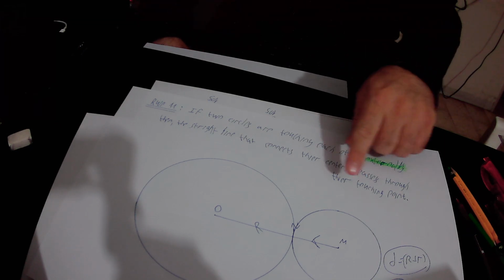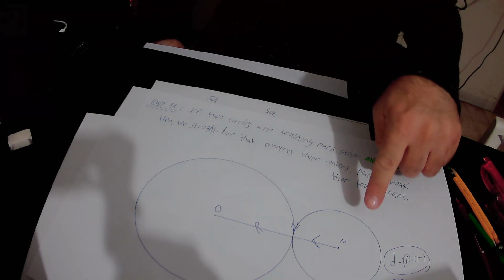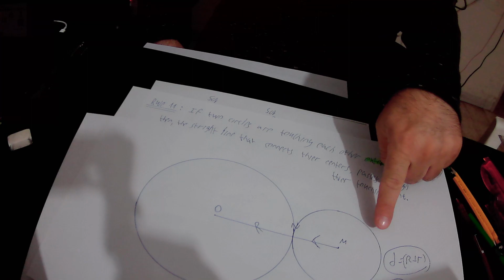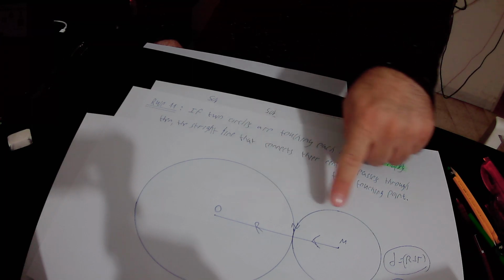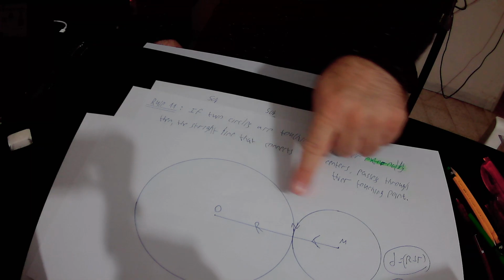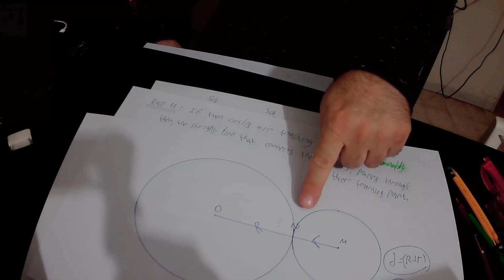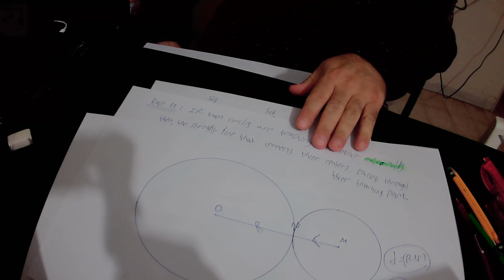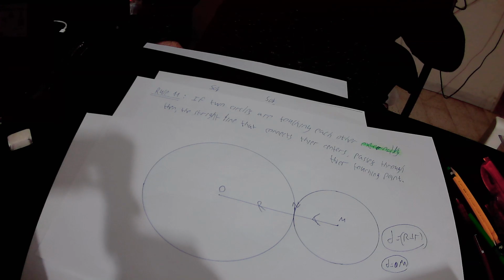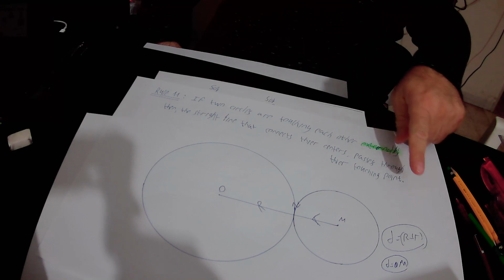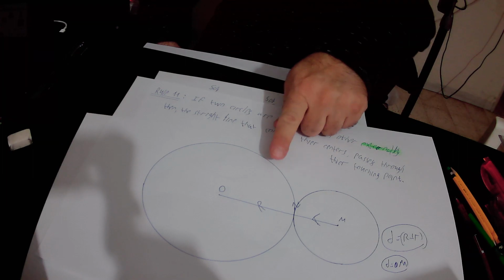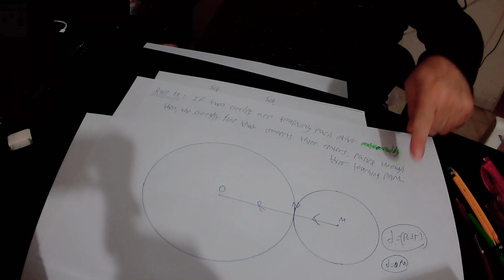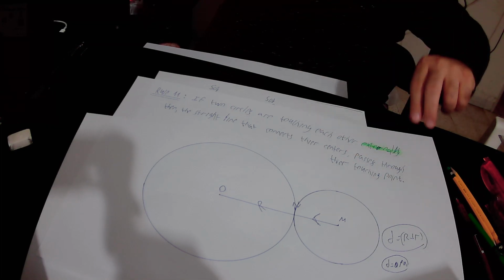Here, the center of the big circle is point O, the center of the small circle is point M. The straight line OM passes through point N, that is their touching point. In addition, we also know that the distance D between the two centers equals capital R plus small r. OM equals capital R plus small r.